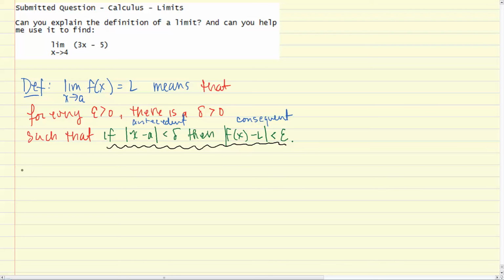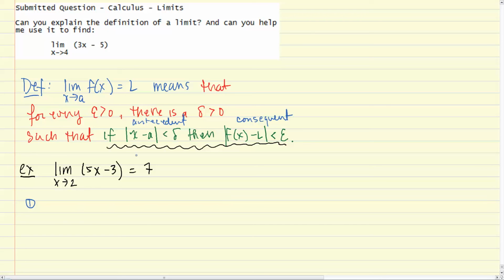So why don't we actually do a problem to illustrate this? Let's do the limit as x goes to 2 of 5x minus 3 equals 7. The first step is to write down what it is that we have to prove.